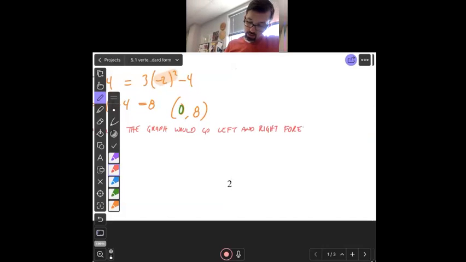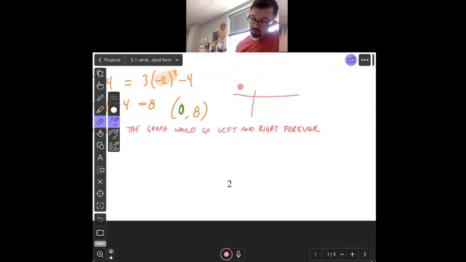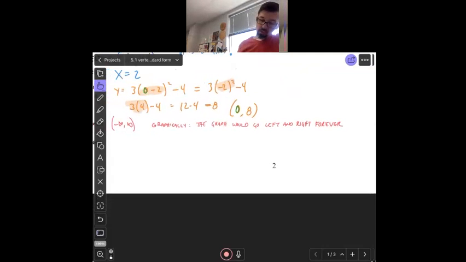Add in the direction of your motion. Because technically, something like this does go forever. It only goes one direction forever, right? So you got to be more specific that it's both directions. So that's all I was looking for you to be more clear on. So that's what it means graphically.